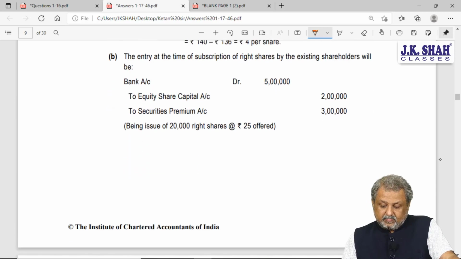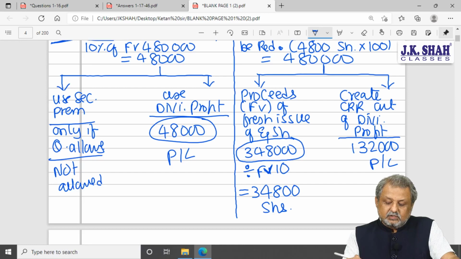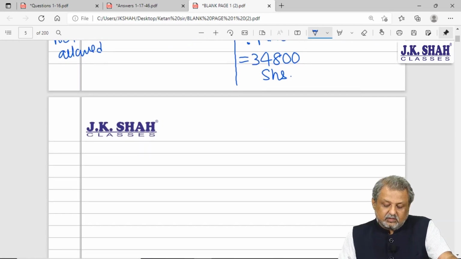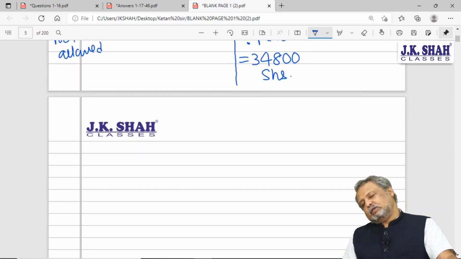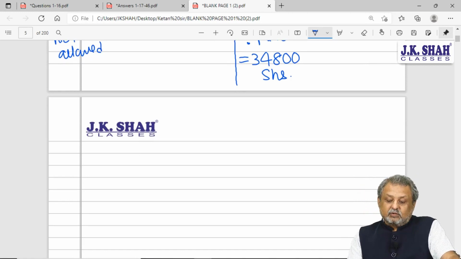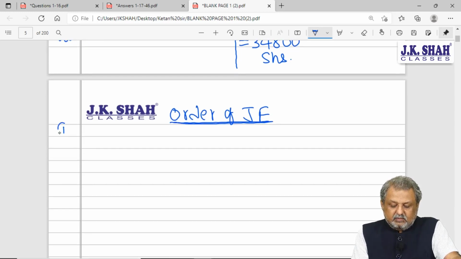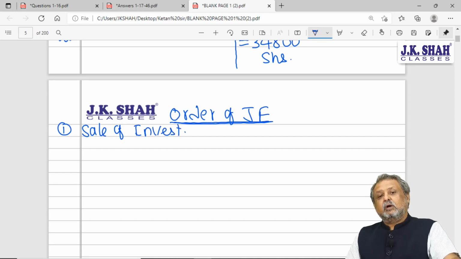So now, as far as journal entries are concerned, in JKSC we have given you an order, and preferably if as a student you follow that order, it will be well and good. And what is that order of journal entries? Of course, if a student forgets it, okay, fine, but preferably don't forget. Sale of investments, then you are going to redeem only the fully paid preference shares.